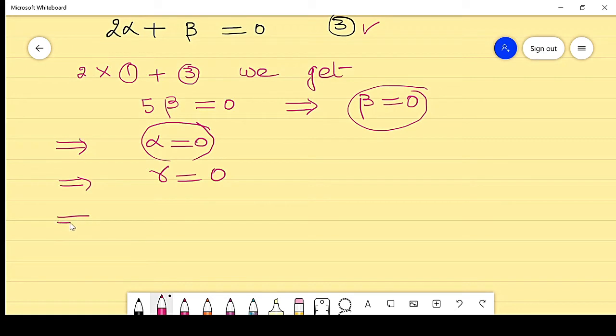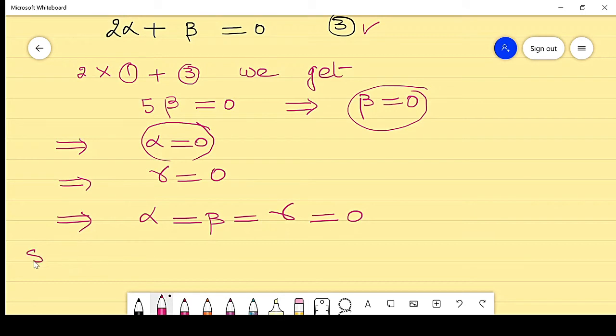So what we find? We find alpha, beta and gamma all equal to 0, right? So it means these vectors are linear independent, not linear dependent.